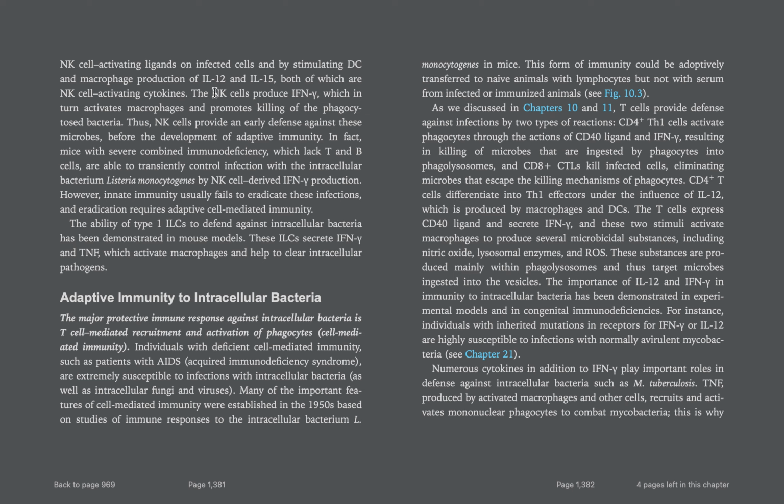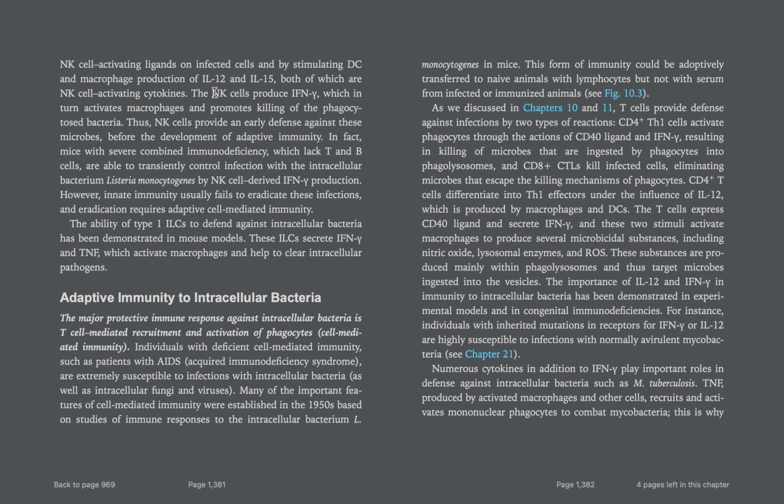The major protective immune response against intracellular bacteria is T cell mediated recruitment and activation of phagocytes, cell-mediated immunity. Individuals with deficient cell-mediated immunity, such as with AIDS, acquired immunodeficiency syndrome, are extremely susceptible to infection with intracellular bacteria as well as intracellular fungi and viruses.